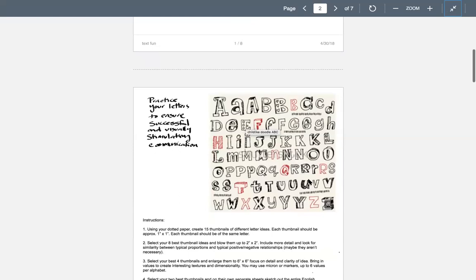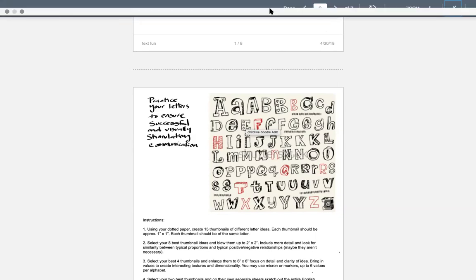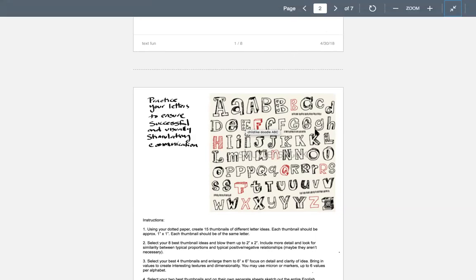So when we look at different types of fonts, we can see how those fonts can be playfully explored in terms of their dimensionality. For instance, this K is quite dimensional. It has two planes visible versus this H that is not dimensional in any way.